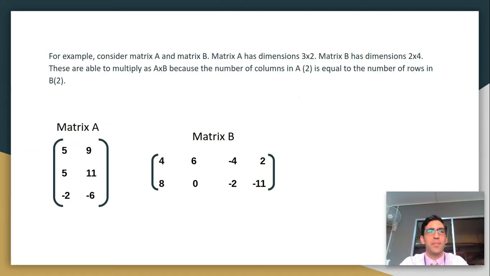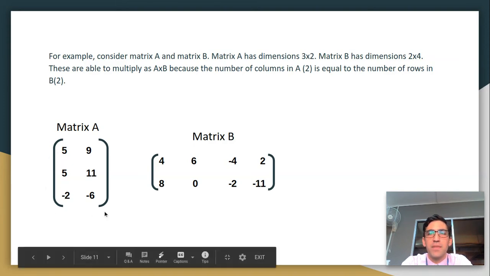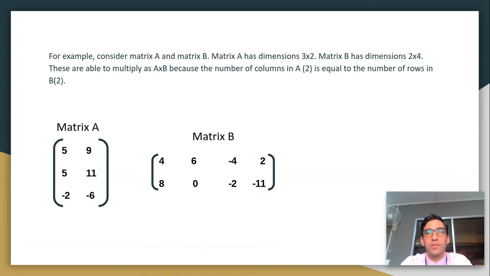So here's an example. If we want to multiply matrix A with matrix B, matrix A has dimensions 3 by 2, as you can see, 1, 2, 3 by 1, 2. And matrix B has dimensions 2 by 4, 1, 2 by 1, 2, 3, 4. We are allowed to multiply these matrices. They are compatible.